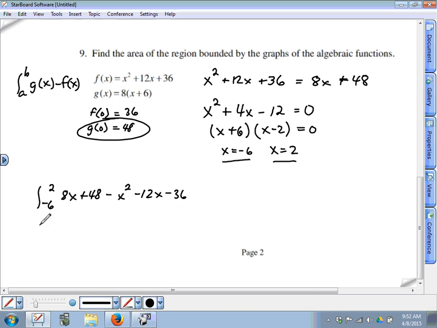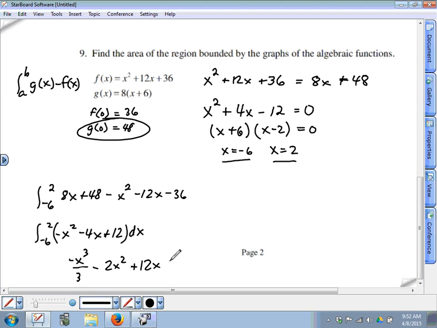Alright, combining some like terms. 2x squared plus 12x.